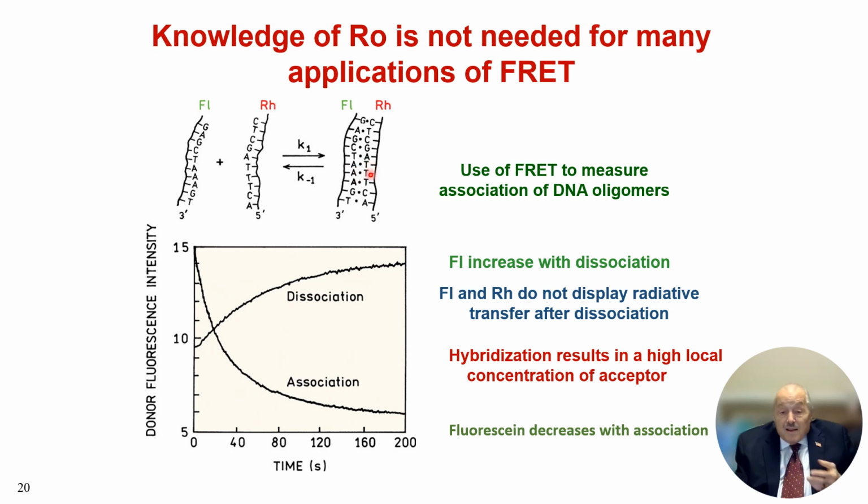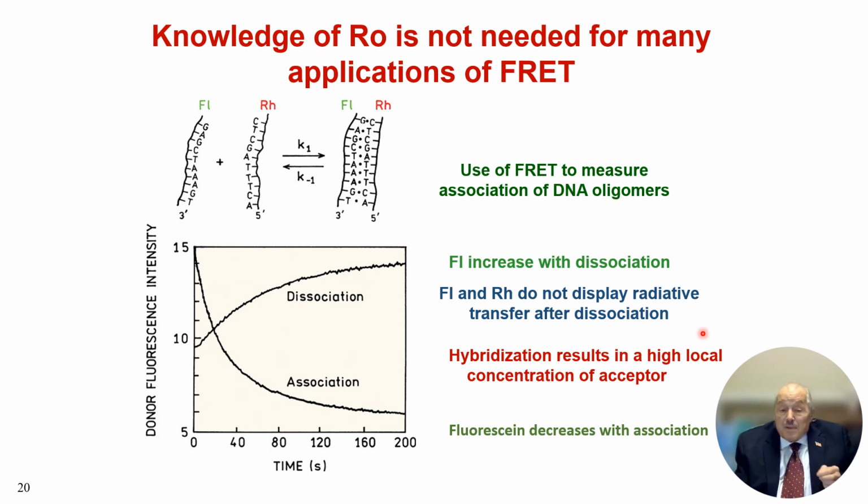And what you find is pretty much just what you might expect. When the molecules associate, the donor emission quickly drops because it's going over into the rhodamine and being removed by FRET. Or if you heat it up and dissociate it, the donor emission increases because it's moving away from the acceptor.